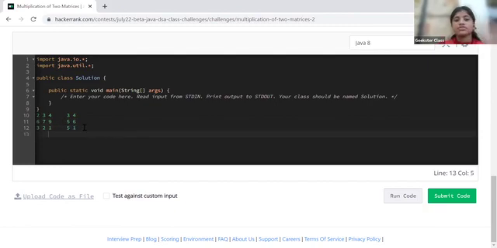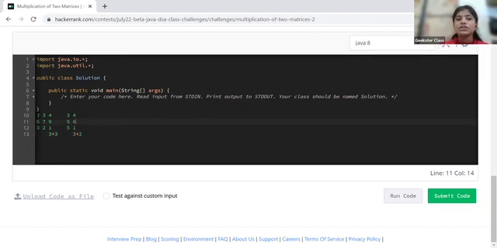What is the dimension of this matrix? This is a 3 cross 3 matrix, right? And the dimension of this matrix is 3 cross 2, right? So what we need to check is if the number of columns in this matrix is equal to the number of rows, then these two matrices can be multiplied. They are multiplyable. Okay, this is the condition. And what will be the size of the resultant matrix after you multiply this?